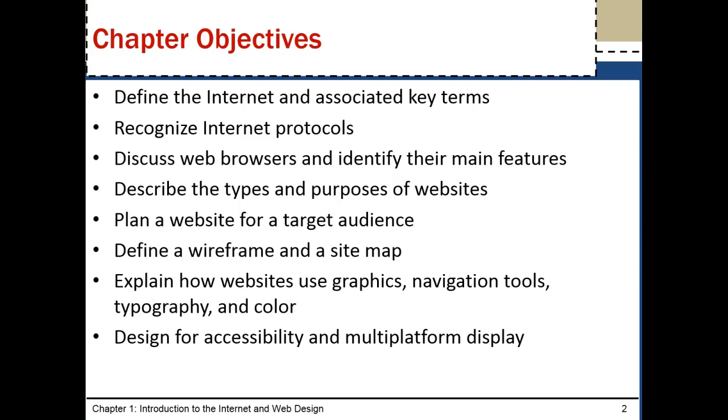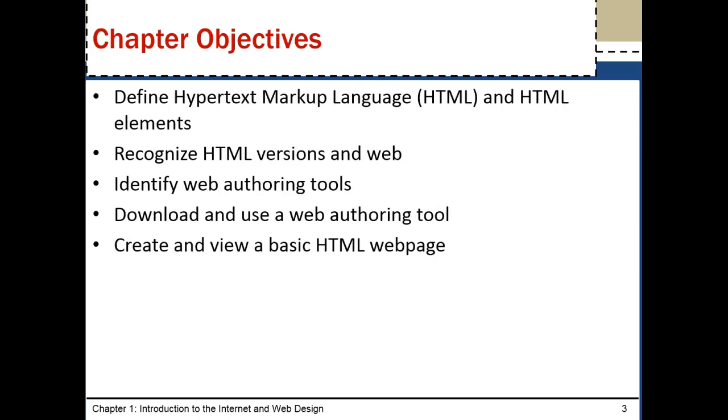Each color that you use will have certain meaning, so you want to be careful about choosing the color that you use on your website. Also, you want to design for accessibility and multi-platform display, because we want to be able to display a website not just on our PCs, but maybe on our phones, maybe on our iPads, and so on.